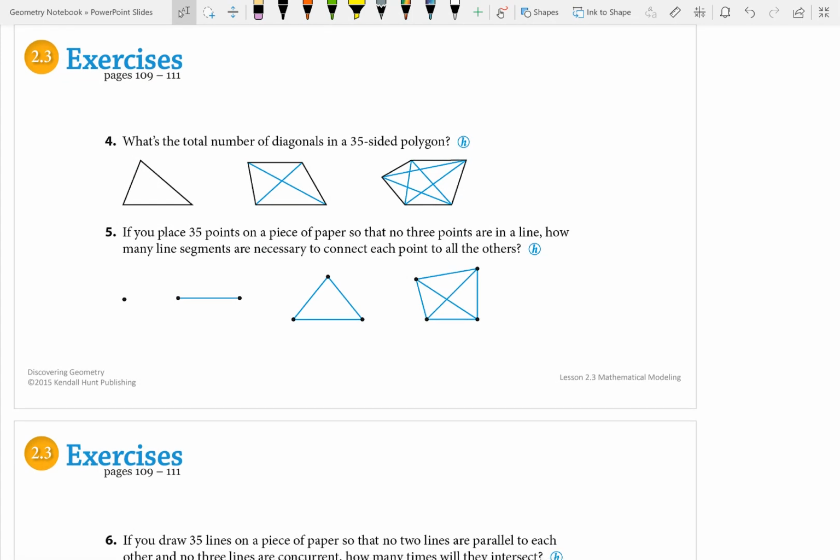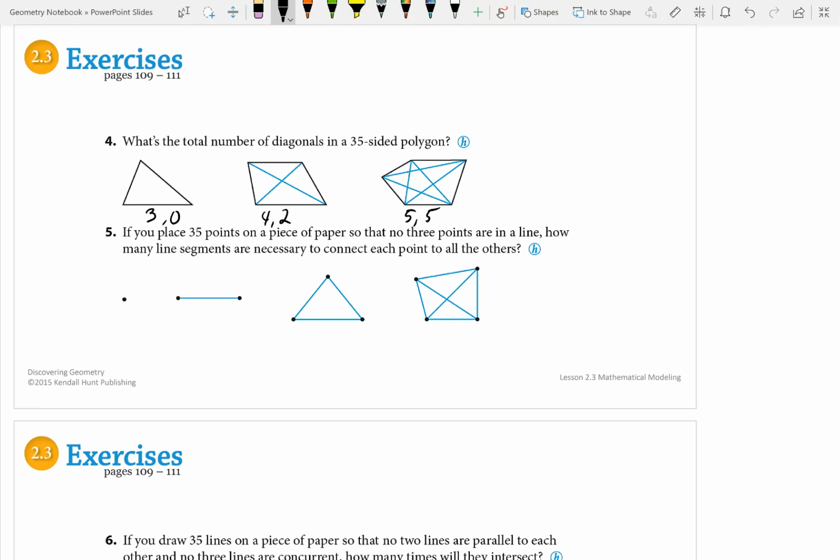Number 4. What's the total number of diagonals in a 35-sided polygon? Well, if you look here, there are 3 sides and no diagonals. And then 4 sides, 2 diagonals, 5 sides, 5 diagonals.